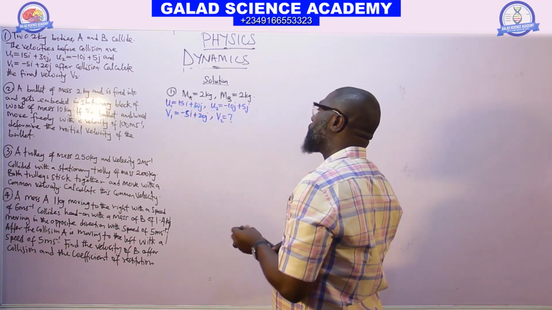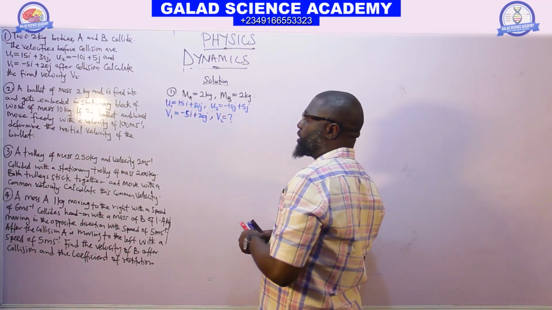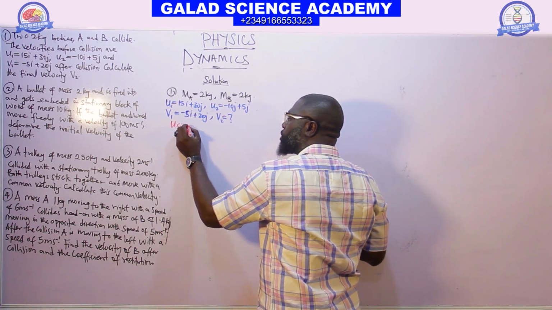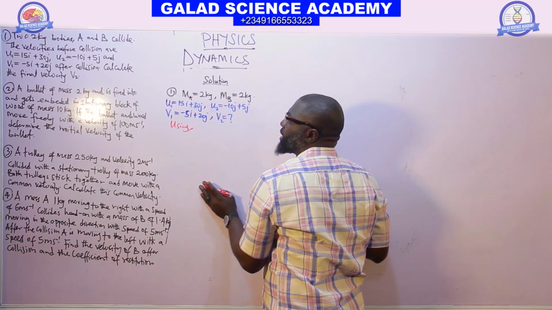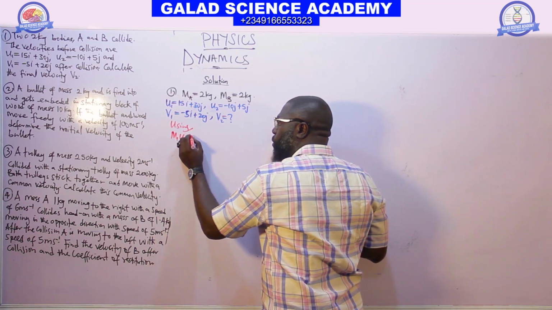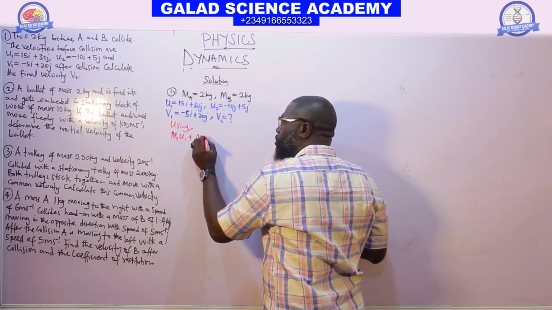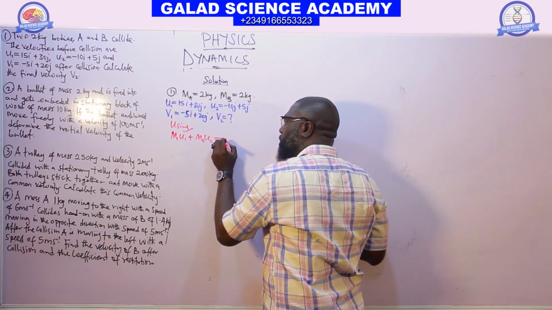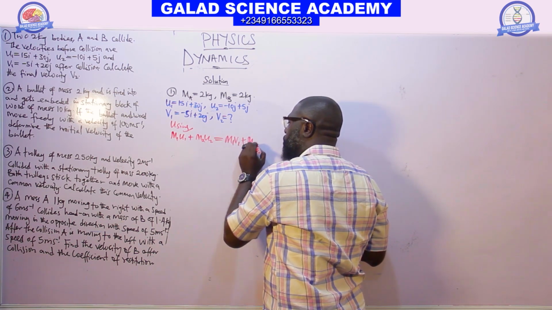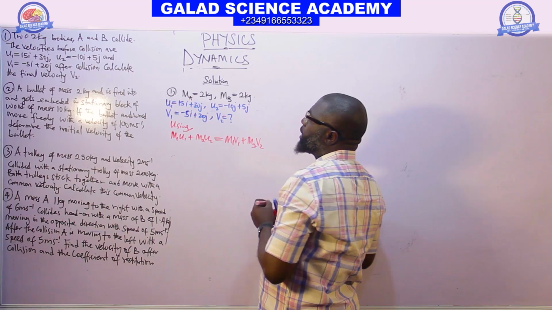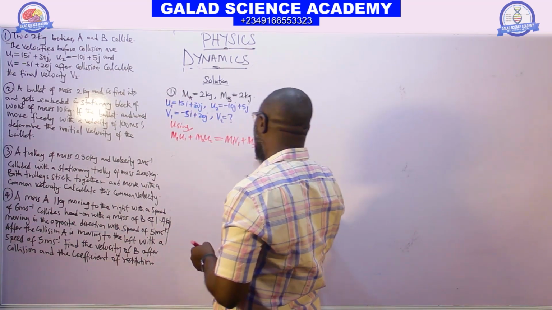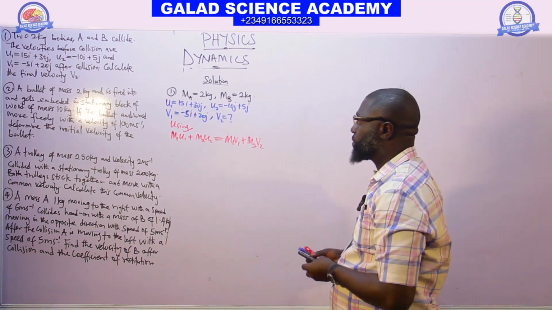So here we will use the law of conservation of linear momentum. We say that m1u1 plus m2u2 is equal to m1v1 plus m2v2. This question comes from an elastic collision because they are not stitched together after collision.